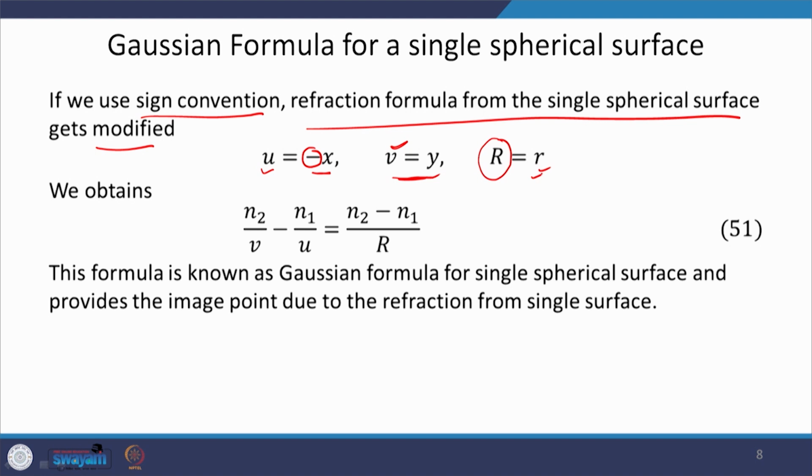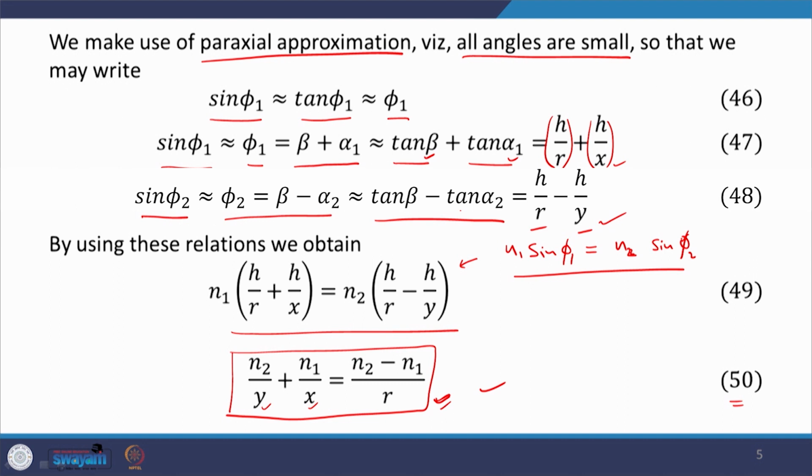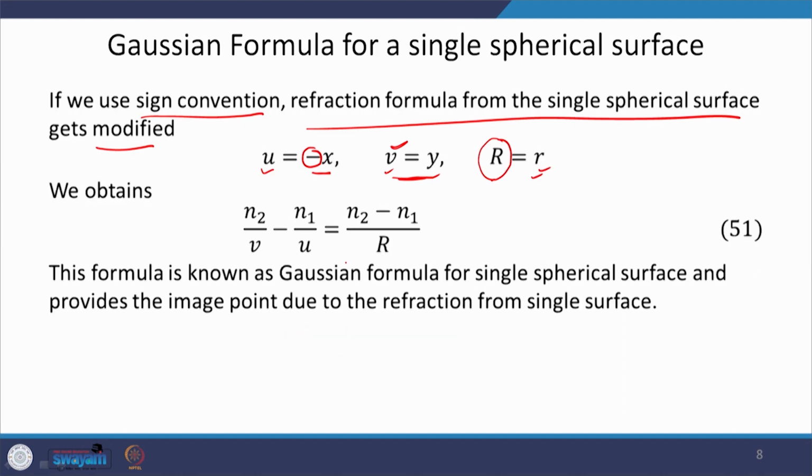Now, let us replace x, y and small r with the newly introduced variables which take into account the sign also, which are small u, small v and capital R. Now, this equation number 50 gets modified, and the new form of equation 50 is this: n2 by v minus n1 by u is equal to (n2 minus n1) by capital R. This is the famous Gaussian formula, and you must have seen it in your junior classes.